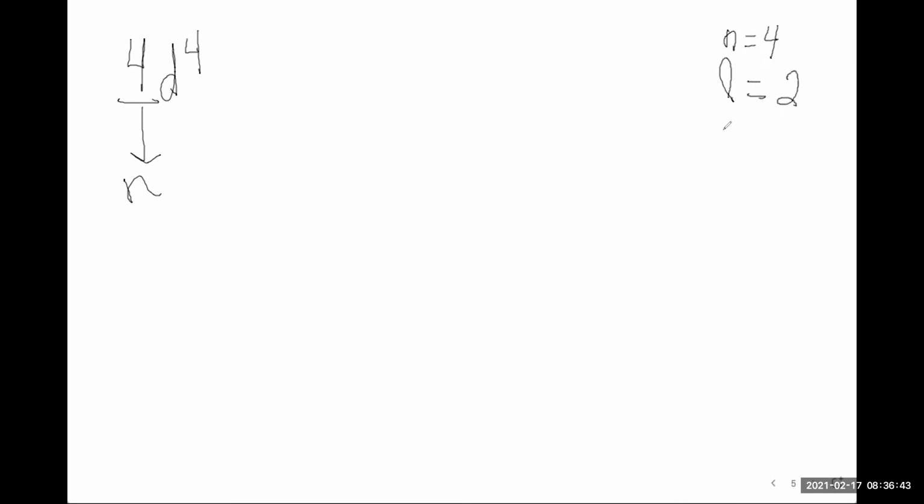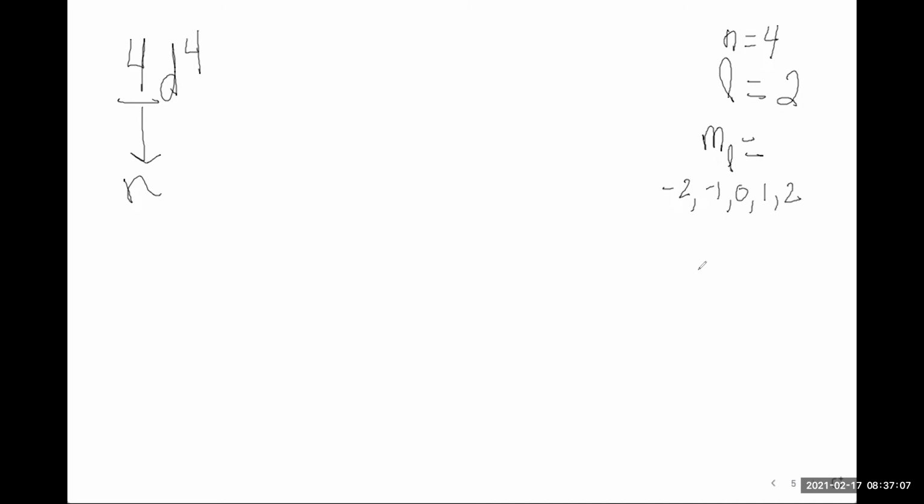What is our next one? Magnetic quantum number, so ML. Right, M and that little subscript L. What would that be? -2 to 2. So -2, -1, 0, 1, 2.